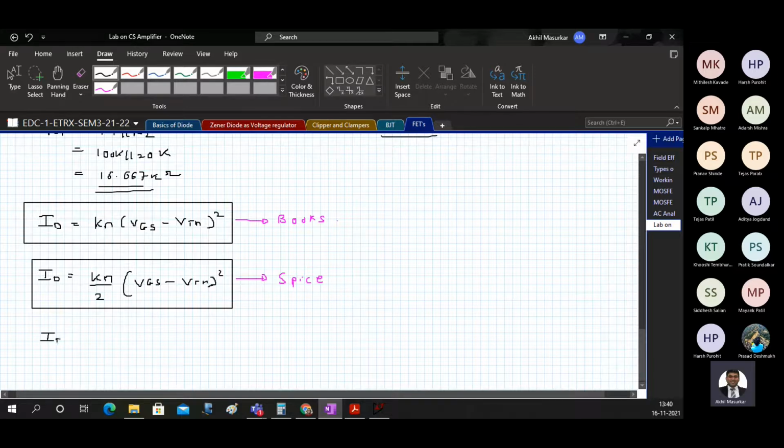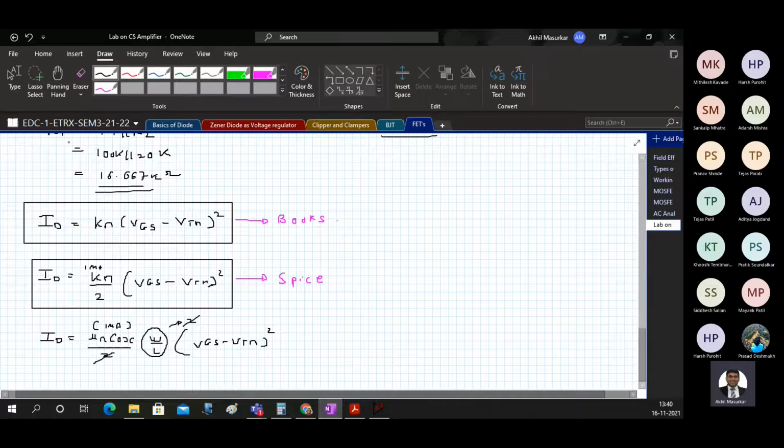So if I expand this further, this is going to be mu n cox W by L upon VGS minus VTN the whole square. So what I can do is I can set this ratio to 2, so that this 2 and this 2 cancel, and I will get the value of Kn as simply 1 milliampere. Otherwise it would become 1 milliampere by 2.